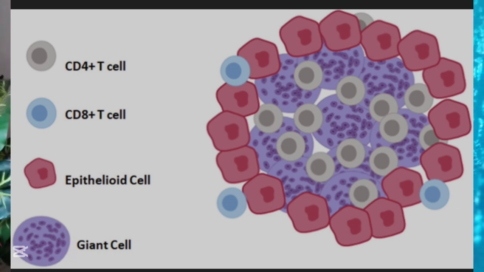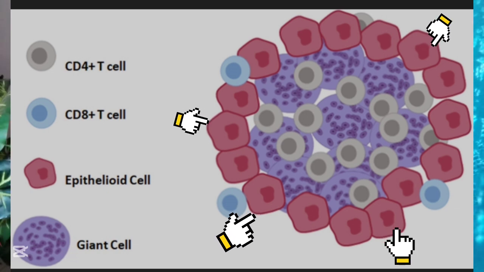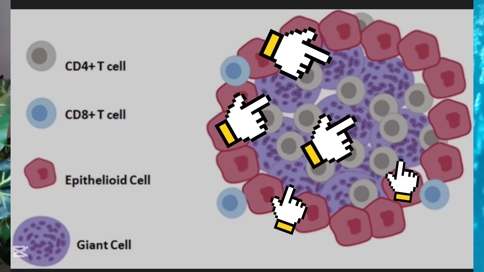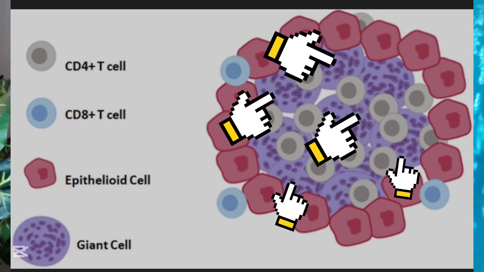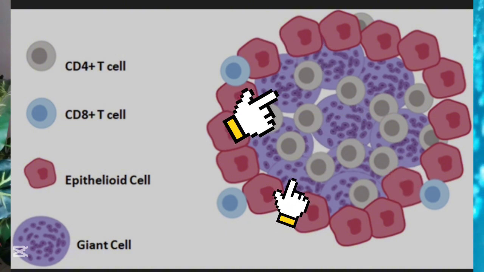Other macrophages will elongate and will transform into other cells called the epithelioid cells. Other macrophages can join together to form the Langerhans giant cells, and this will contribute to the wall formed around the macrophage that initially swallowed the Mycobacterium leprae.